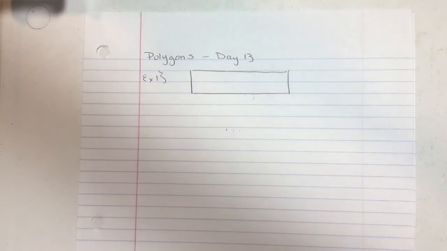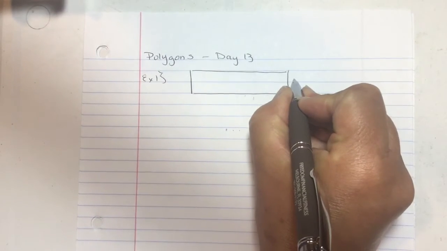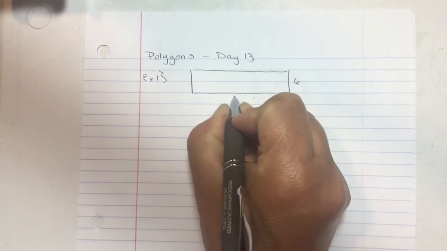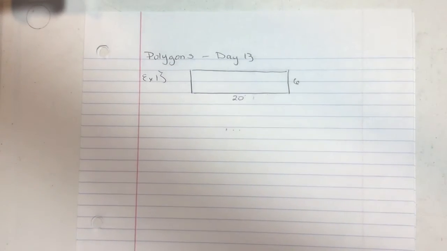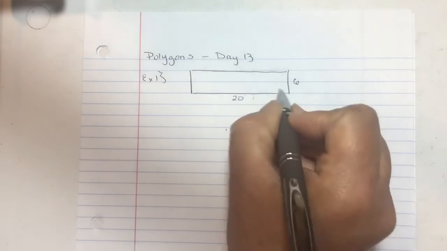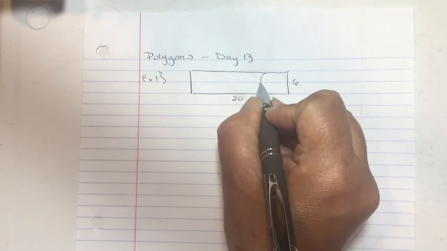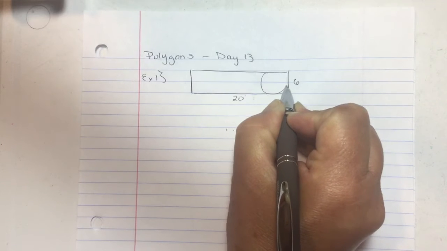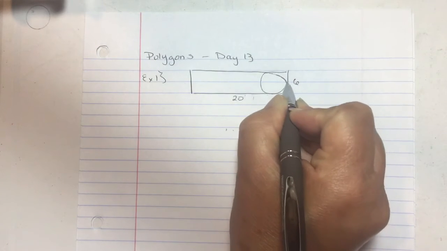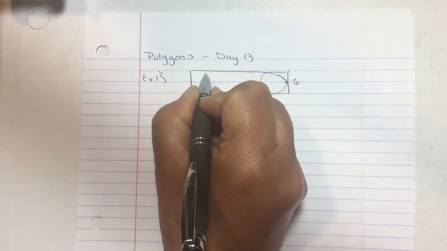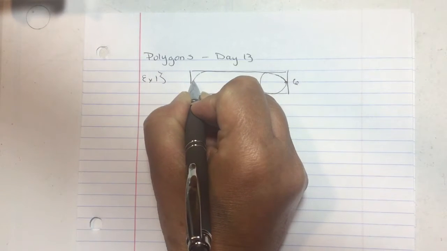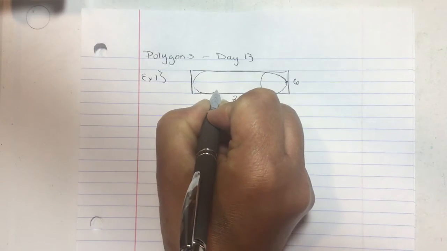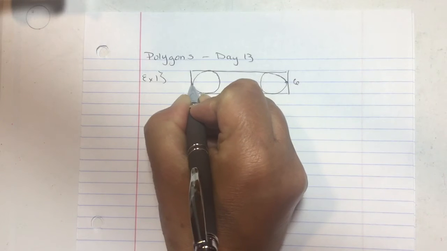And let's let this rectangle, ooh, goodness, maybe be 6 by 20. Okay. In this rectangle, I want you to do a circle that touches here and a circle that touches here.